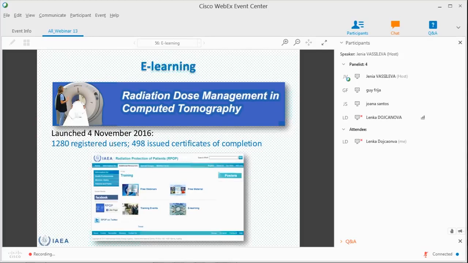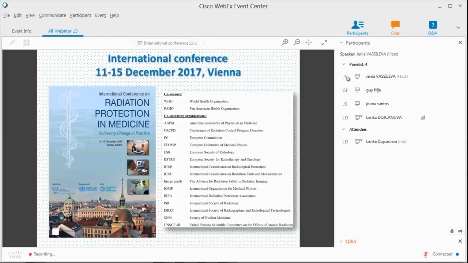I want to encourage also to apply and to register for the International Conference on Radiation Protection in Medicine, 5 years after Bonn, with the motto Achieving Change in Practice, that will be held 11th to 15th of December this year here in Vienna, at the headquarters of the IAEA. The conference is co-organized with the World Health Organization and Pan American Health Organization, and with cooperation of a number of international and professional societies, including the European Society of Radiology.